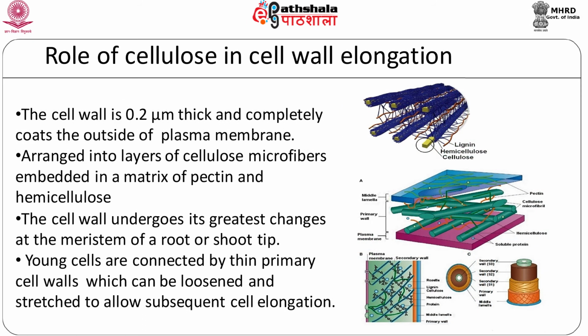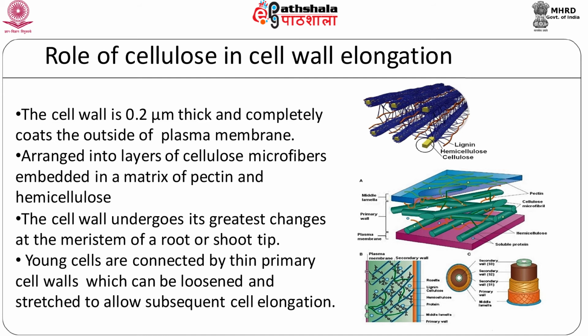Let us discuss the role of cellulose in cell wall elongation. The cell wall is generally 0.2 micrometer thick and completely coats the outside of the plasma membrane. Cell walls have layers of cellulosic microfibers embedded in a matrix of pectin and hemicellulose.